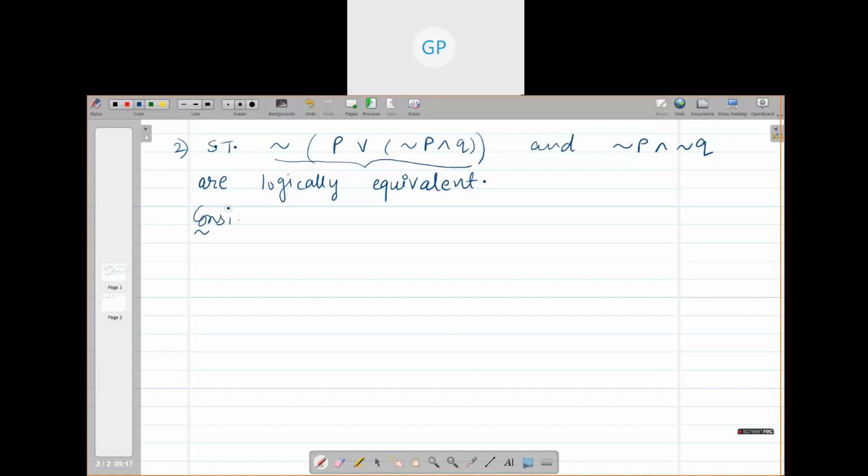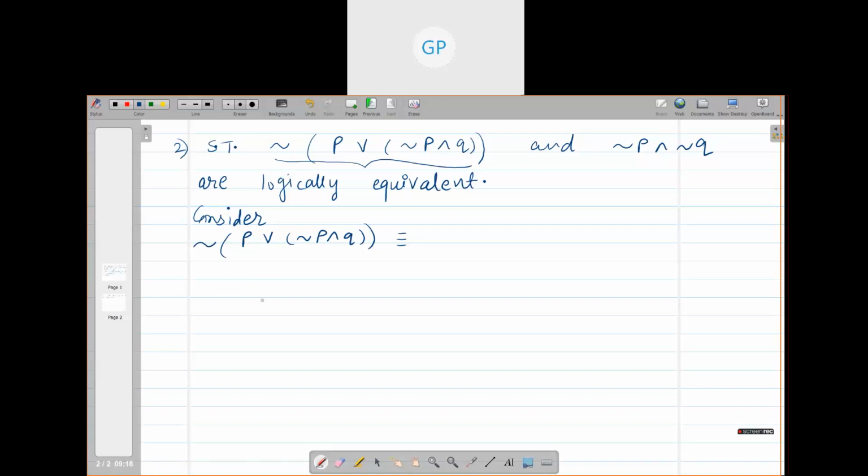Consider negation of P or negation of P and Q. Now, what can you apply here, tell me. Do you see this negation symbol? Which rule will you apply?